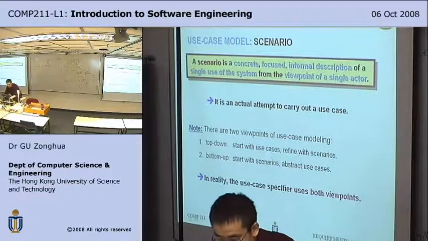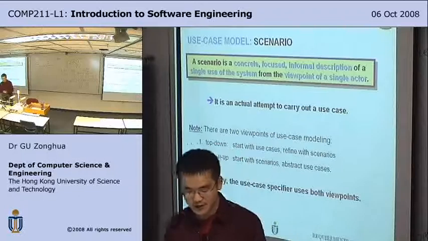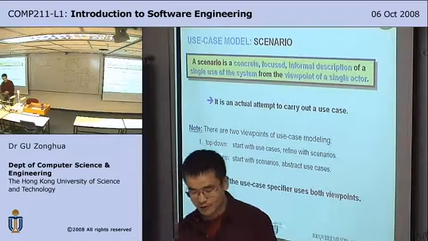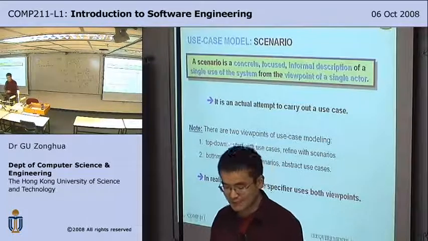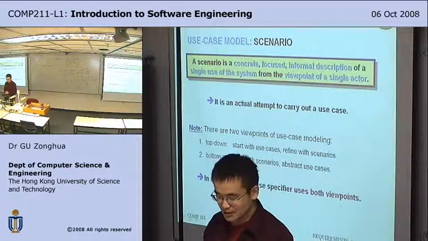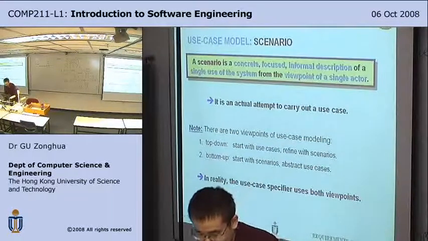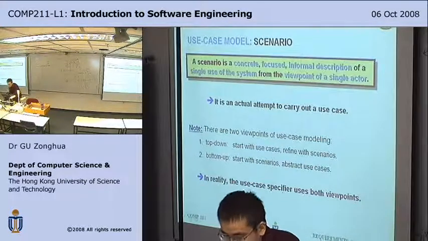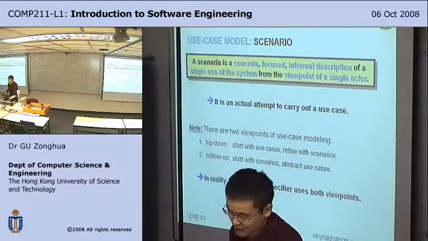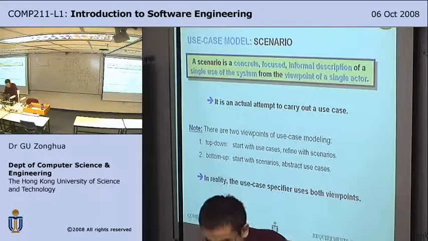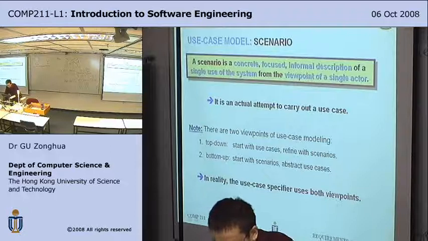Perhaps you start from interviewing the users or doing the work yourself to see what the actual scenarios happening in the real world are. Then you abstract the use cases, and then perhaps you refine by adding more scenarios when you discuss with the users even more. So both approaches are used in real life.